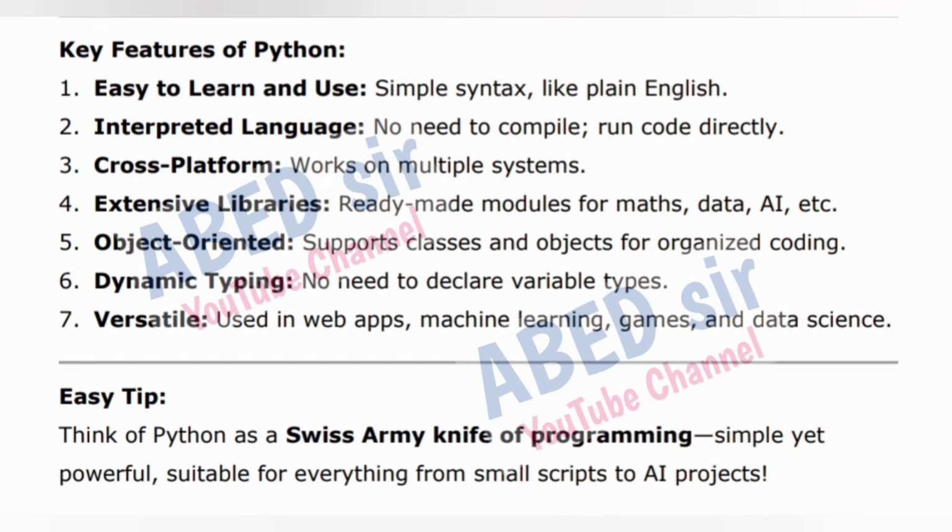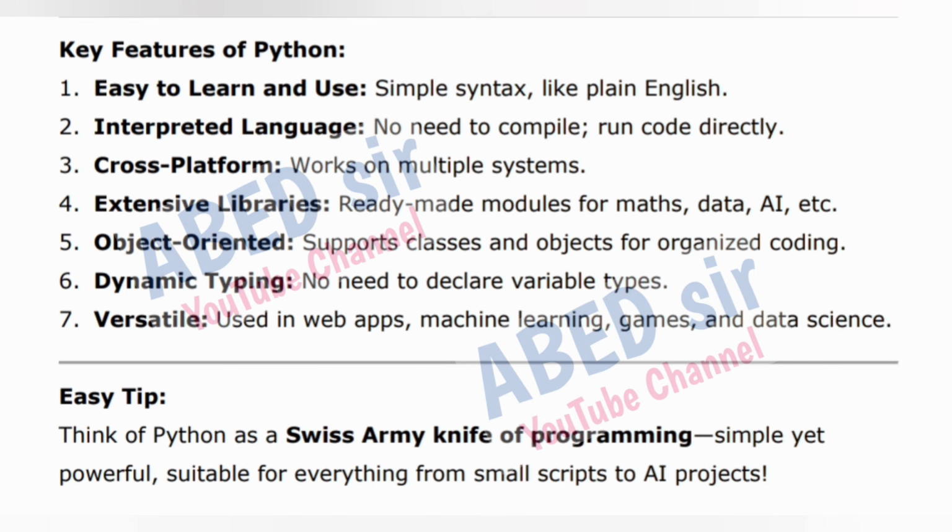Key features of Python: 1. Easy to learn and use, simple syntax, like plain English. 2. Interpreted language, no need to compile, run code directly. 3. Cross-platform, works on multiple systems. 4. Extensive libraries, ready-made modules for maths, data, AI, etc. 5.